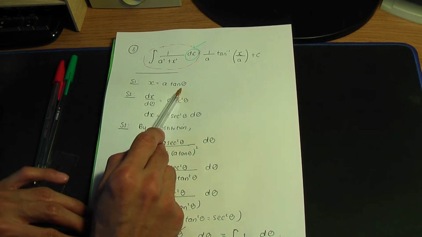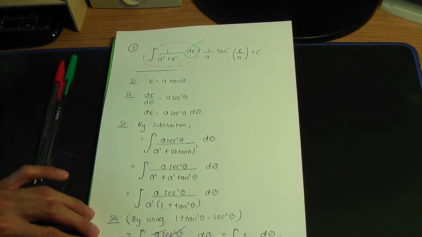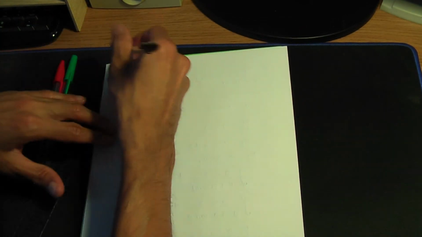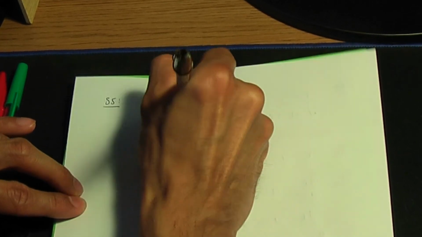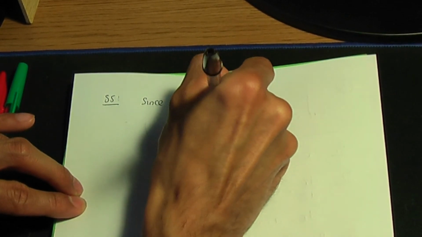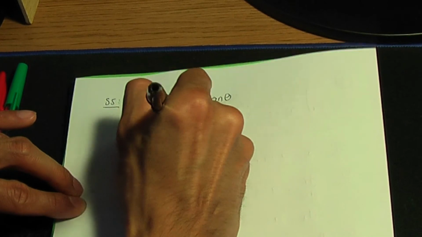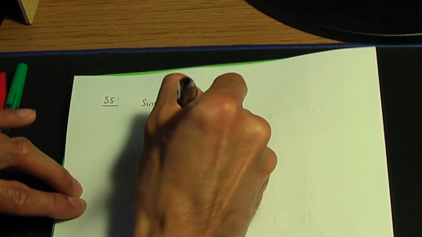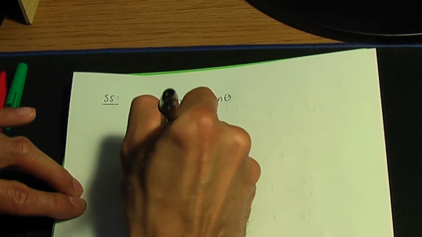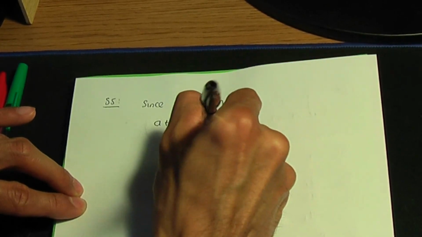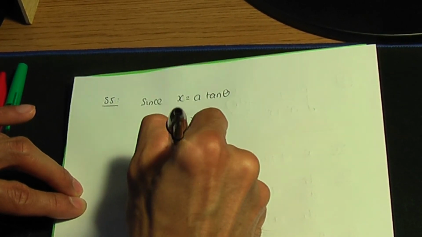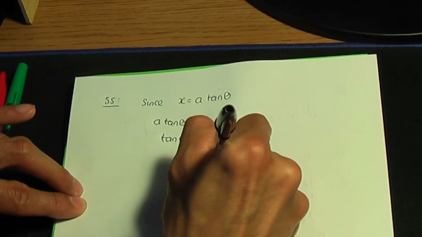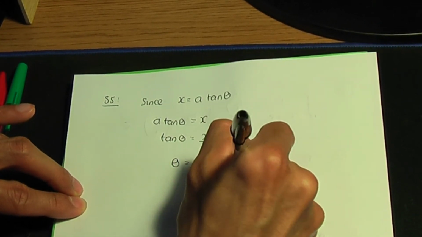X is equal to a tan theta in order to write this back in terms of x. Okay, so that is step number 5, final step. So since x is a tan theta, so a tan theta is equal to x. Tan theta on its own is x over a, and that makes theta the inverse tan of x over a.